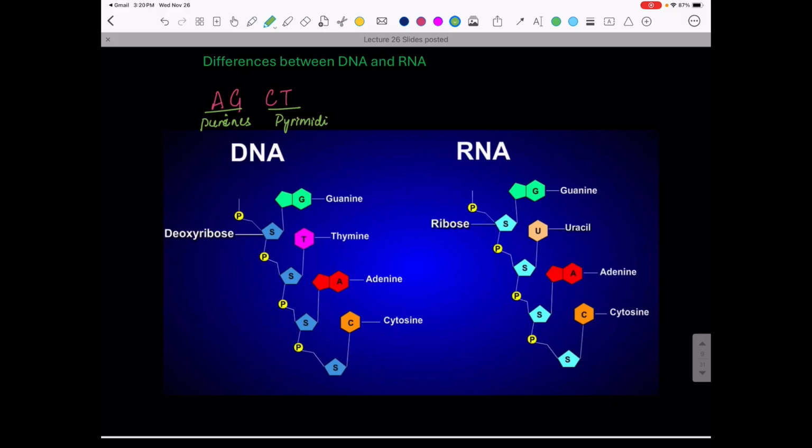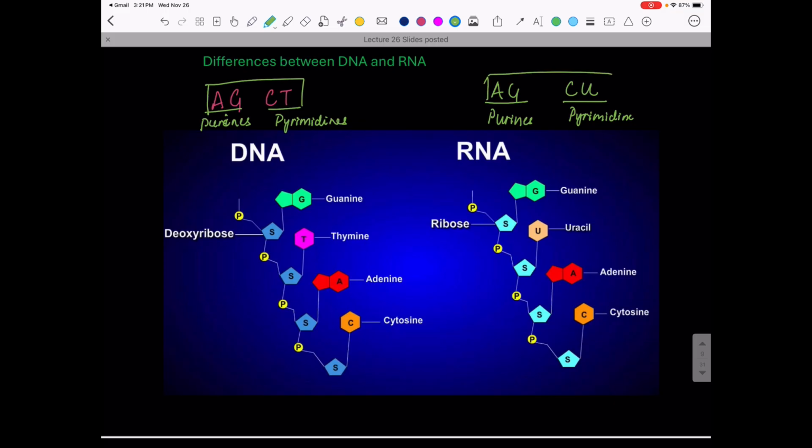In case of RNA, we still have A and G as the purines, whereas instead of T, we have uracil as the pyrimidine. So this is one slight change in the bases. Predominantly they contain AGCT in case of DNA and AGCU in case of RNA.